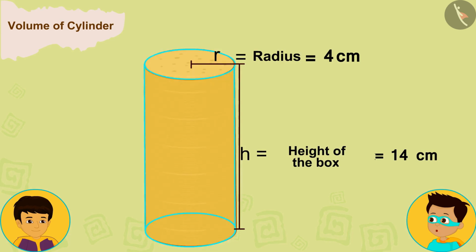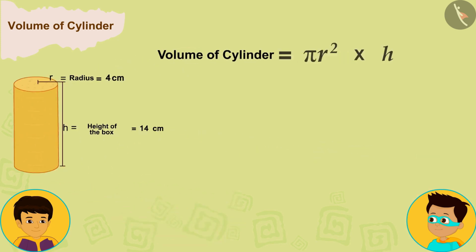Now, because the thickness of the box is negligible, the total space inside the compartment is equal to the capacity of the box, or the space enclosed by the box, or its volume. In other words, the capacity of this box is equal to the volume of the box. Let me solve these numbers by writing them in the formula of the volume of a cylinder.